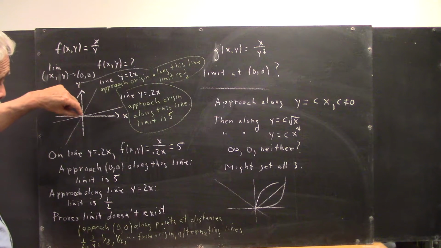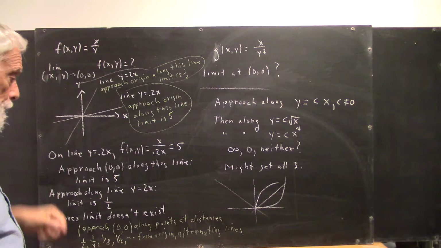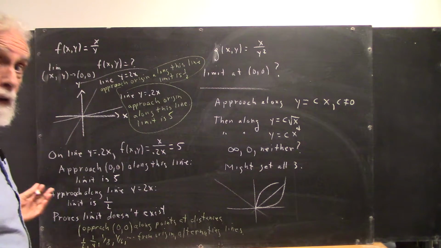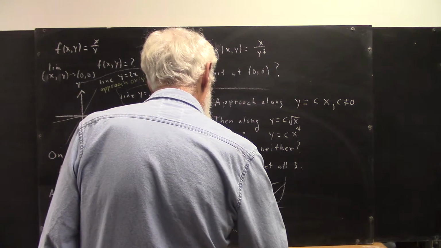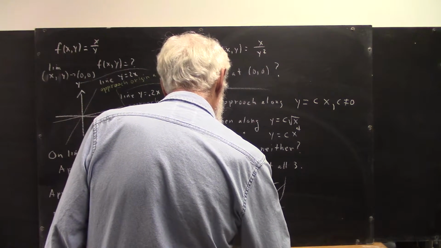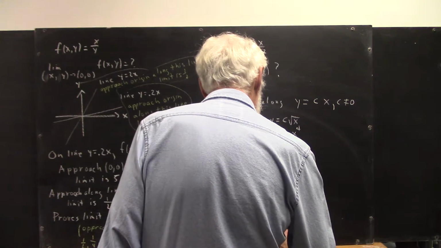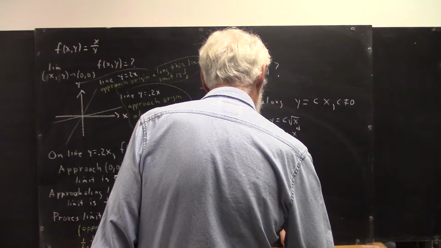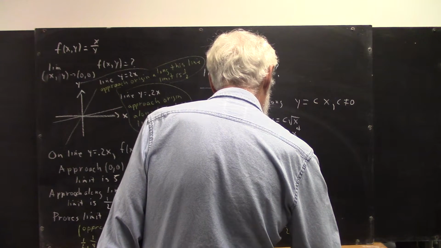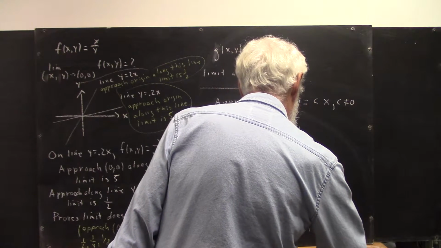And then we go to a distance of 1/16 from the origin, the value is going to be 5. There's no limit to that sequence. So the values would be like so: 1/2, 5, 1/2, 5, etc.